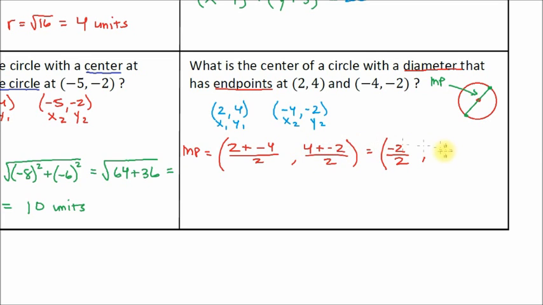And 4 plus -2, that's 4 minus 2, which is +2 over 2. And we can simplify that one step further. -2 over 2 is -1. 2 over 2 is +1. And here is our midpoint, (-1, 1). So when you get the 2 points on a diameter of a circle, the center of that circle will be exactly the midpoint of those 2 points, and we use the midpoint formula to solve for that.